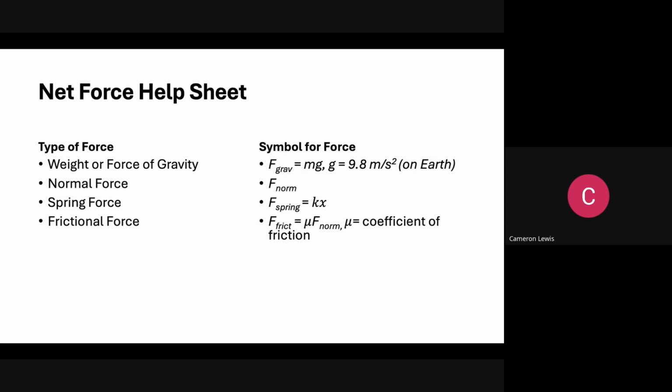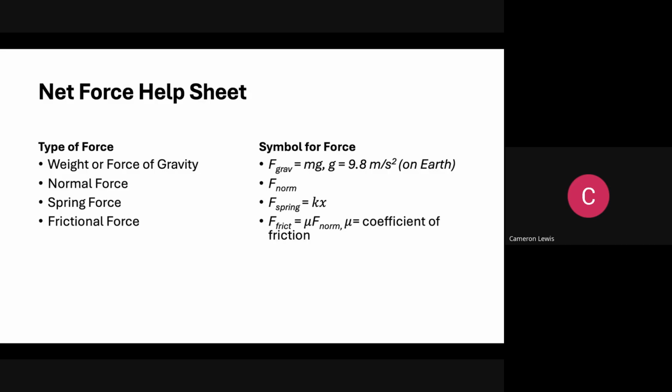Here the variable is the normal force. Versus if it was 4x plus 5, the 5 would be the constant because it's never changing.